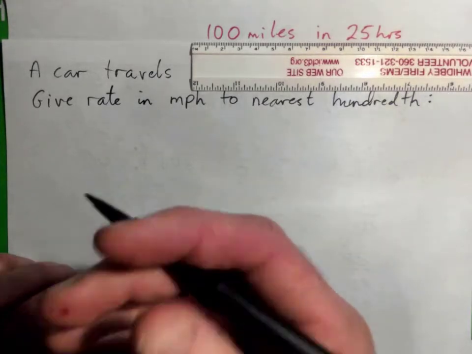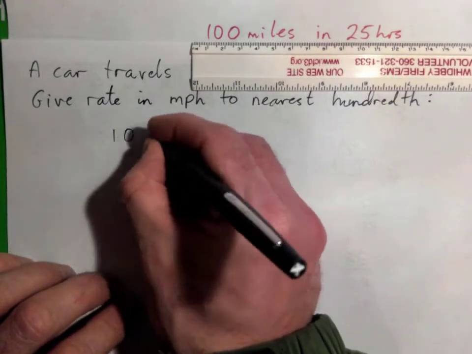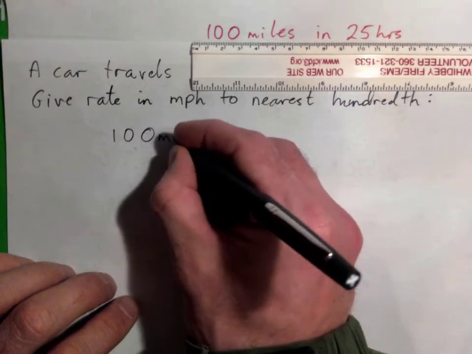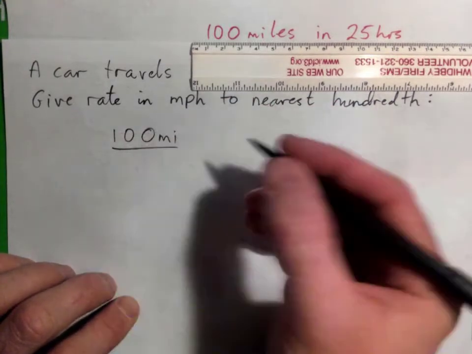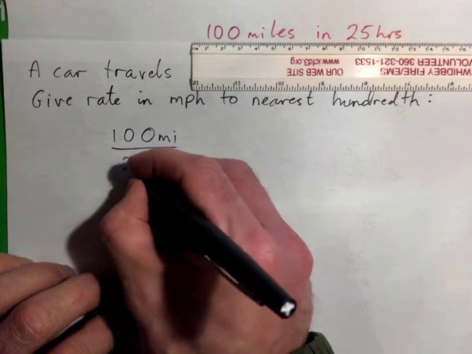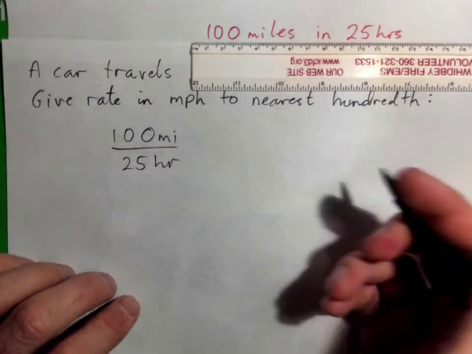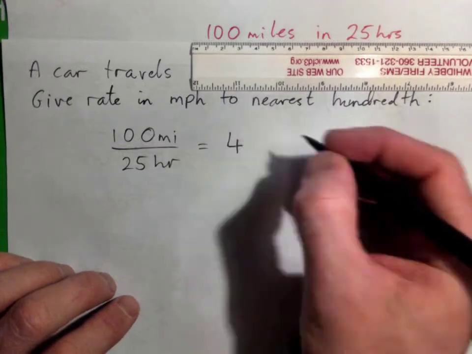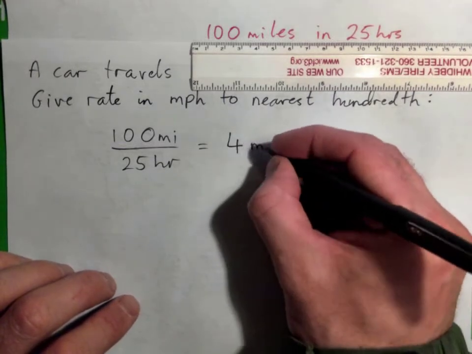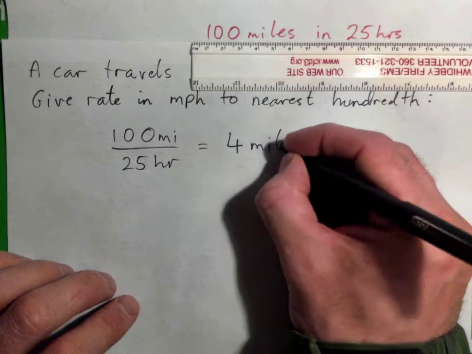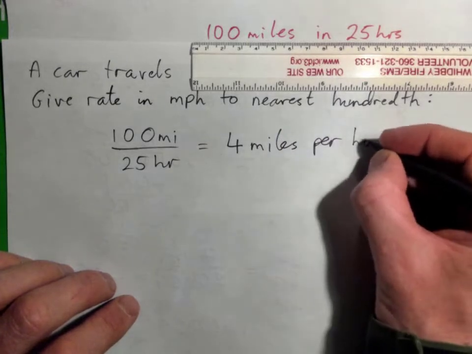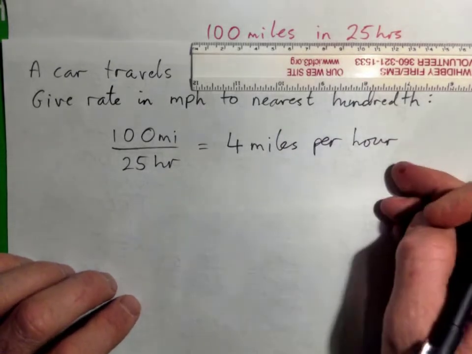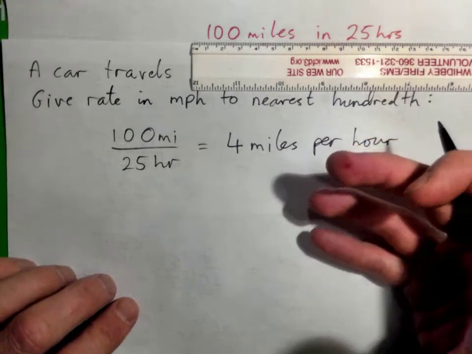By writing that out, it might strike you that we could do 100 miles over 25 hours. We could just do that, and 100 over 25 gives 4, which is 4 miles per hour. Every hour we're traveling 4 miles.